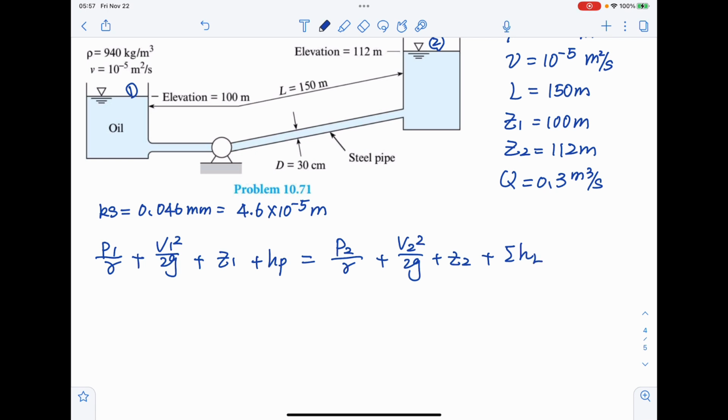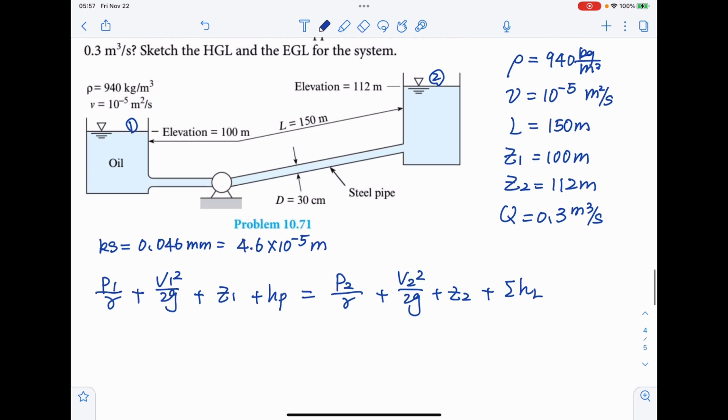Okay. So because we're choosing the water surface at the 2 points, P1 and P2 are 0, V1 and V2 are also 0.